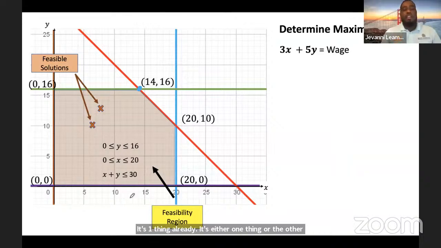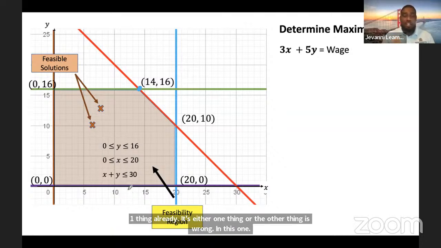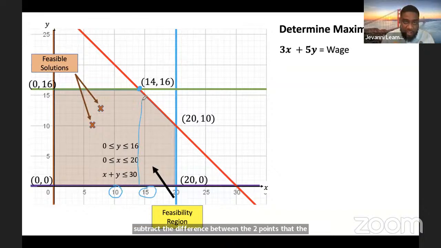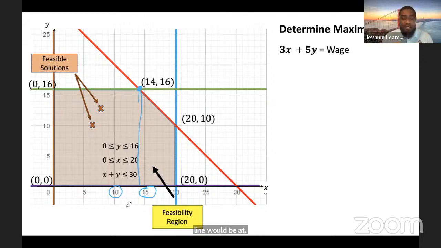So if you wanted to get the 14, you would have to subtract the difference between the 2 X values, which would be right here. You subtract 10 from 15, you get 5. And then you divide it by how many equal intervals you have from 10 to 15.